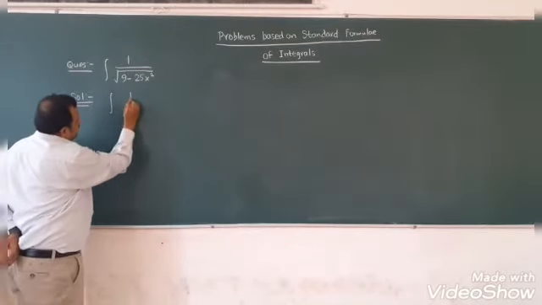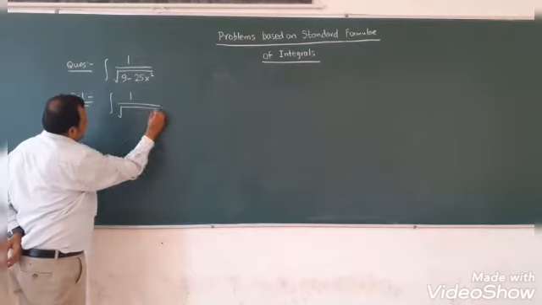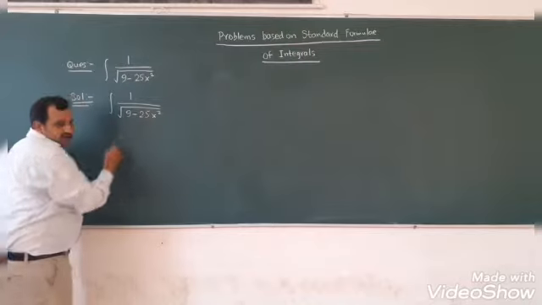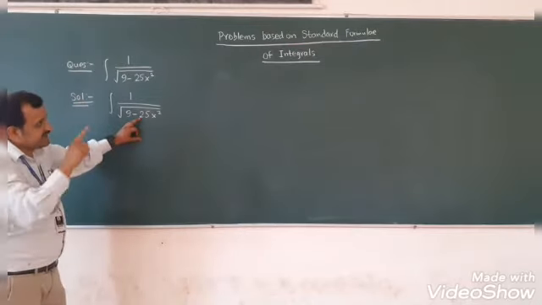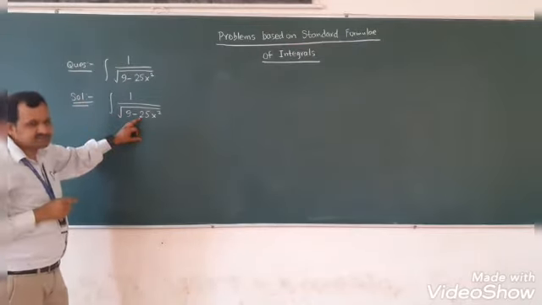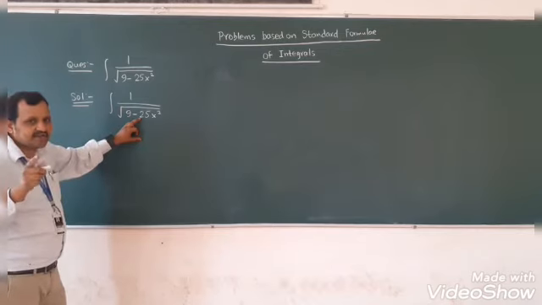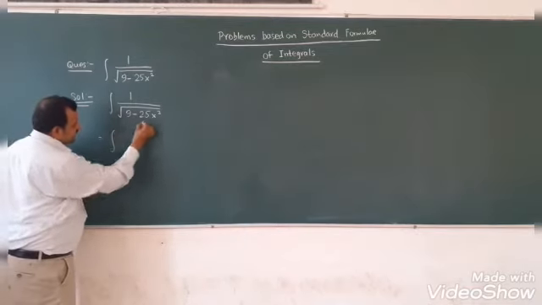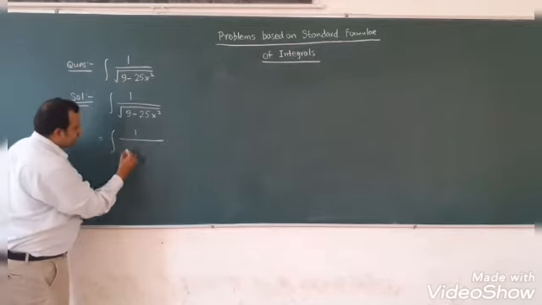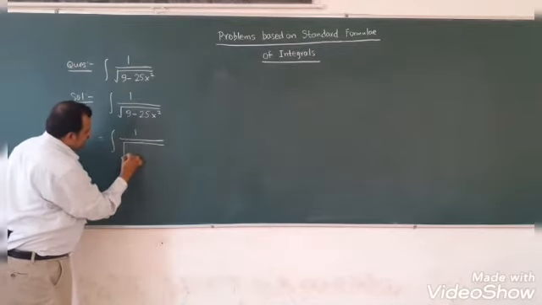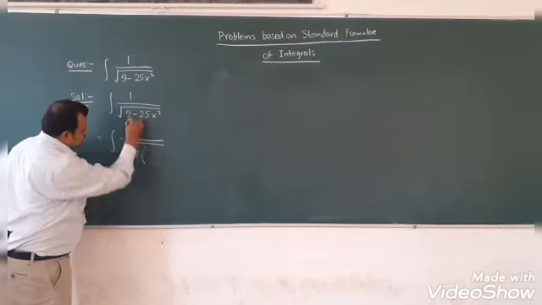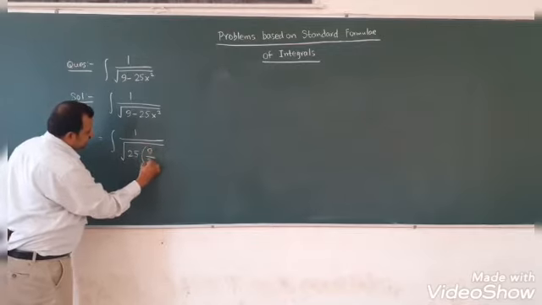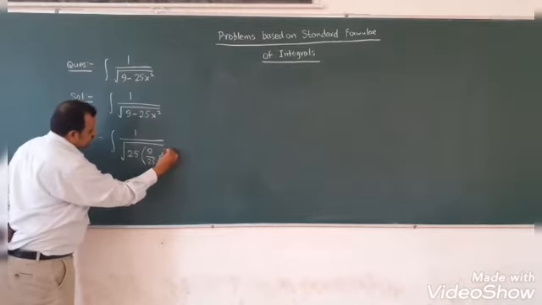In standard formulae of integrals, coefficient of x square in all the formulas is 1. So 25 should not come here. So what I am doing here is, I am taking 25 common. When you take 25 common, what you will get here is 9 by 25 minus x square.